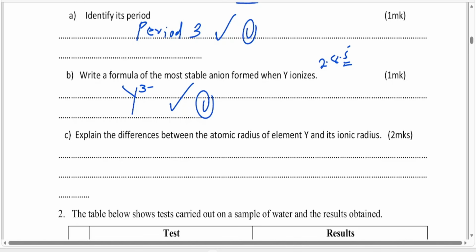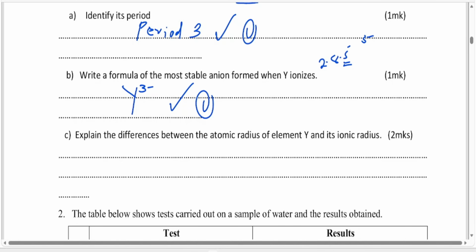For non-metals, we know the ionic radius is always larger than the atomic radius. And this is because we have the already existing electrons and the incoming electrons that bring about repulsion. So that repulsion between the incoming electrons and the already existing electrons makes the ion appear larger than the atom.